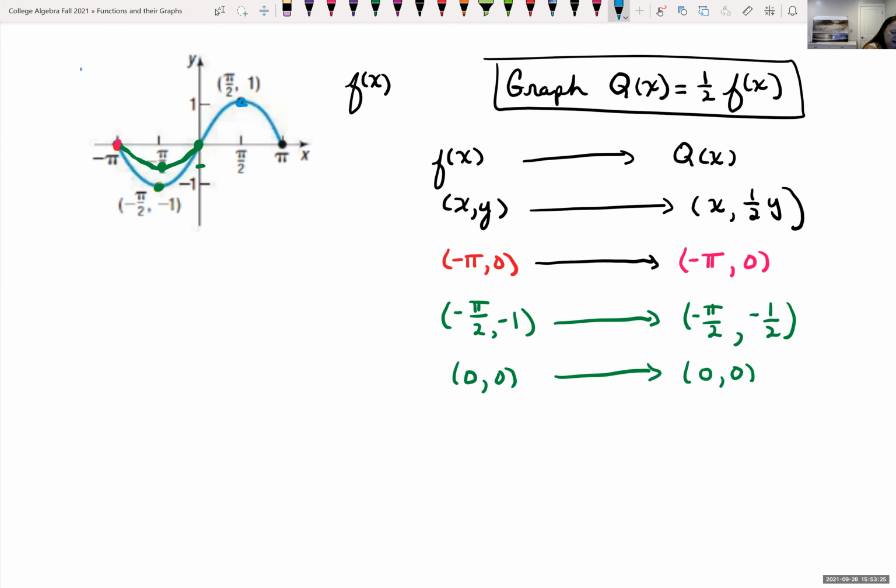This point in here, which was (π/2, 1), multiplying my y value by 1/2, x stays the same, I get (π/2, 1/2), which is here.